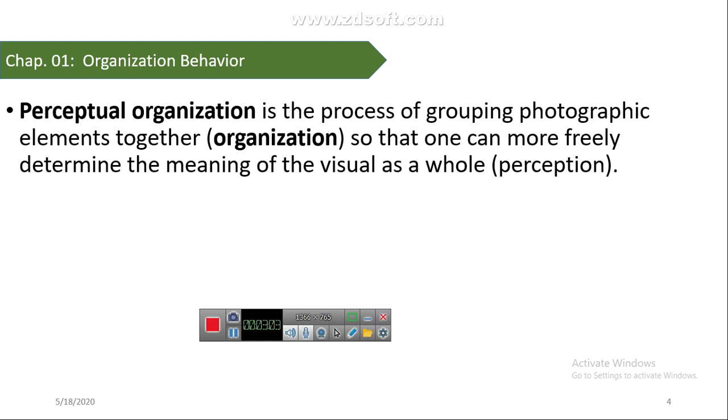Gestalt really translates to mean a whole. They believed that our brain creates a coherent perceptual experience that is more than simply the sum of available sensory information, and that it does so in a predictable way.